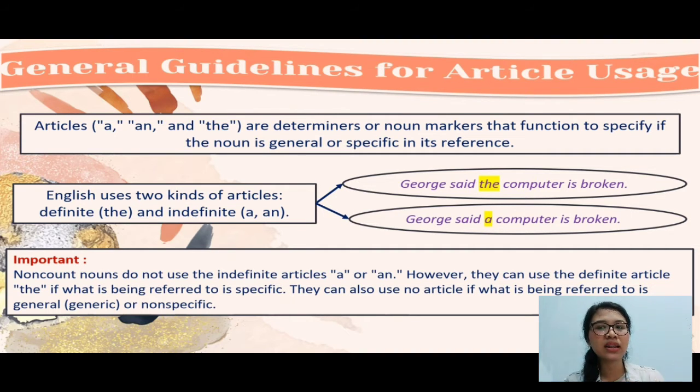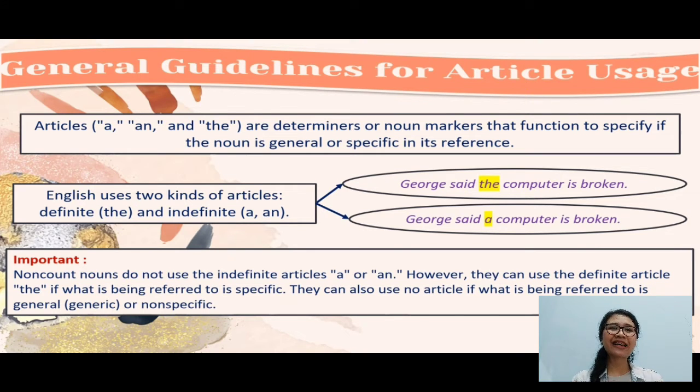This suggests that George refers to a specific computer, one that the speaker of this sentence as well as the speaker's intended audience recognize, the broken computer could be a certain one among many computers. Jadi komputer yang dimaksud sama George di kalimat pertama ini, komputernya itu udah jelas komputer mana yang dia maksud gitu.